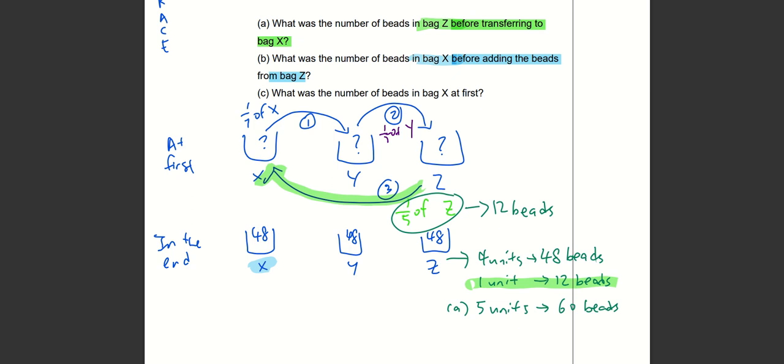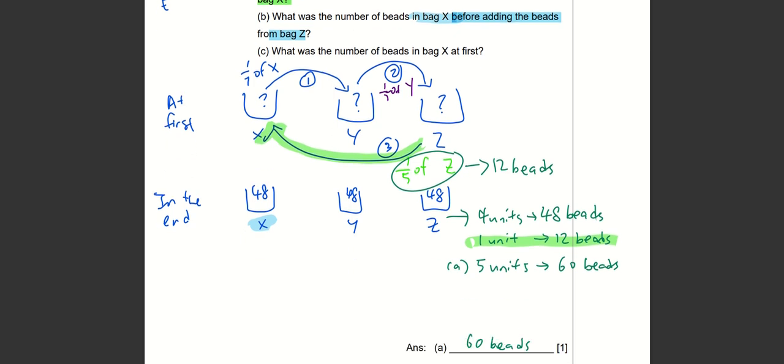So if I were to say, okay, what did it have before the transfer? Then my part B comes in. In the end, it was 48. Then minus the 12 that was given by Z. This is X before Z gave.